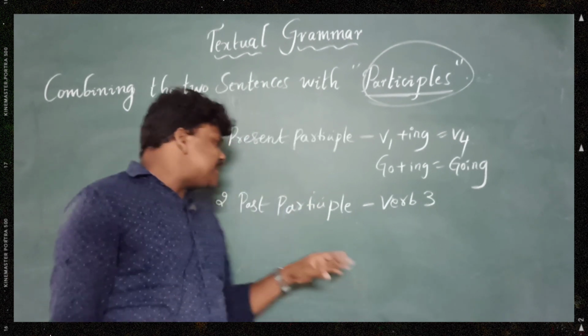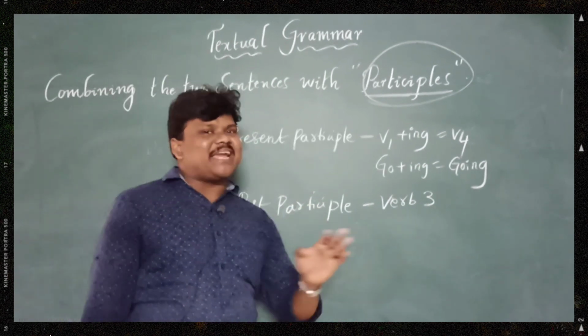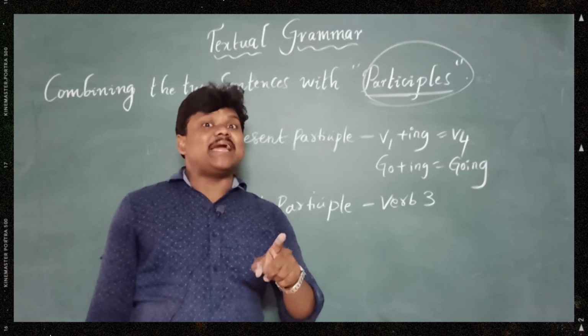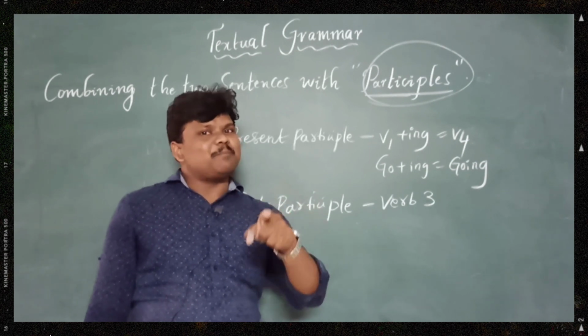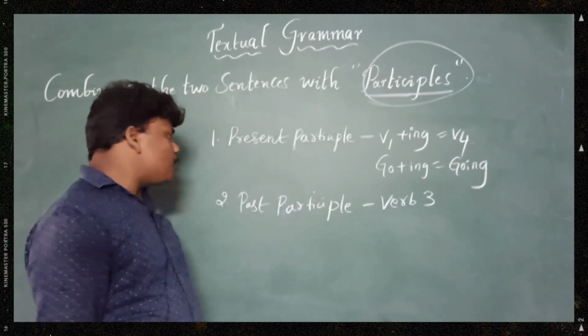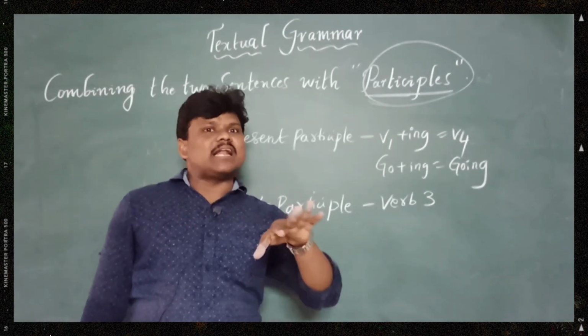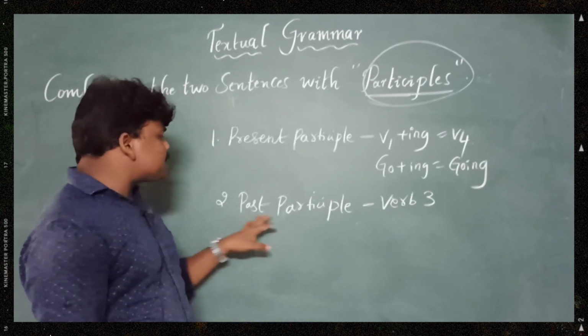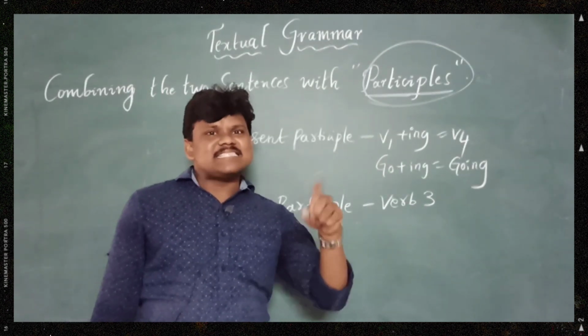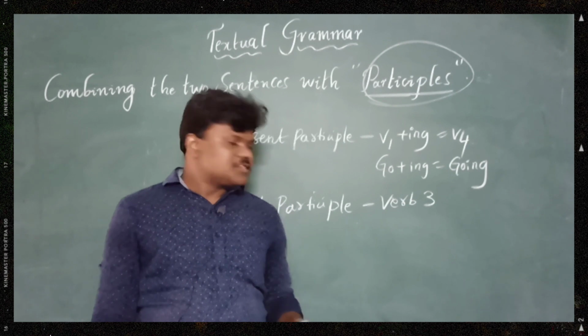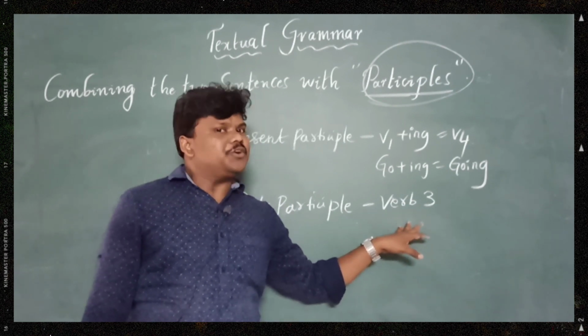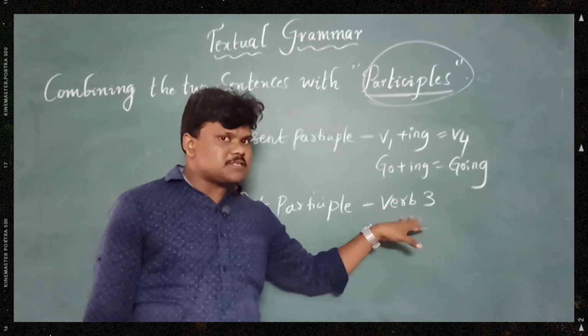Written. What is the past participle form of make? Not maked, made. Make, made, right? What is the past participle form of run? Ran. What is the past participle form of sing? Sang. So, simply I can conclude, verb 3 is known as past participle.